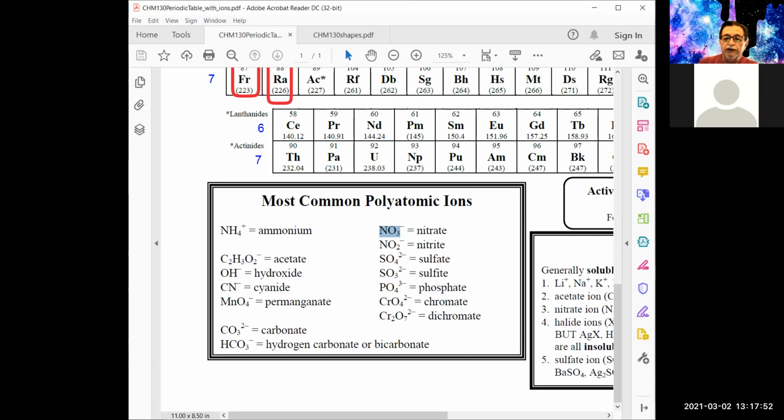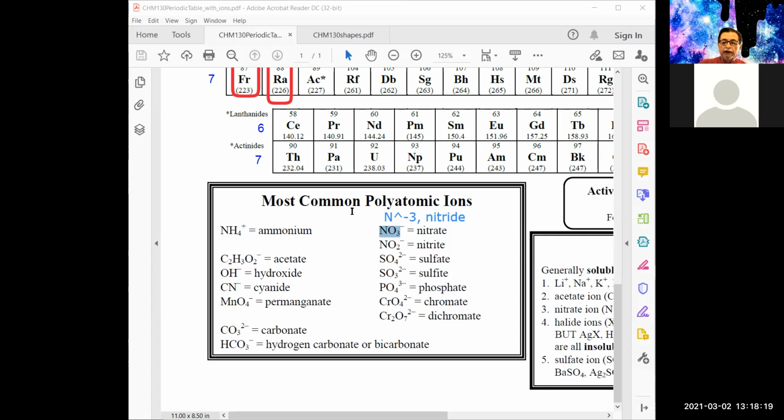Notice something interesting here, so you won't get confused. If we were dealing simply with the atom itself, nitrogen, becoming ionic, it would be a -3, and its name would be as follows.